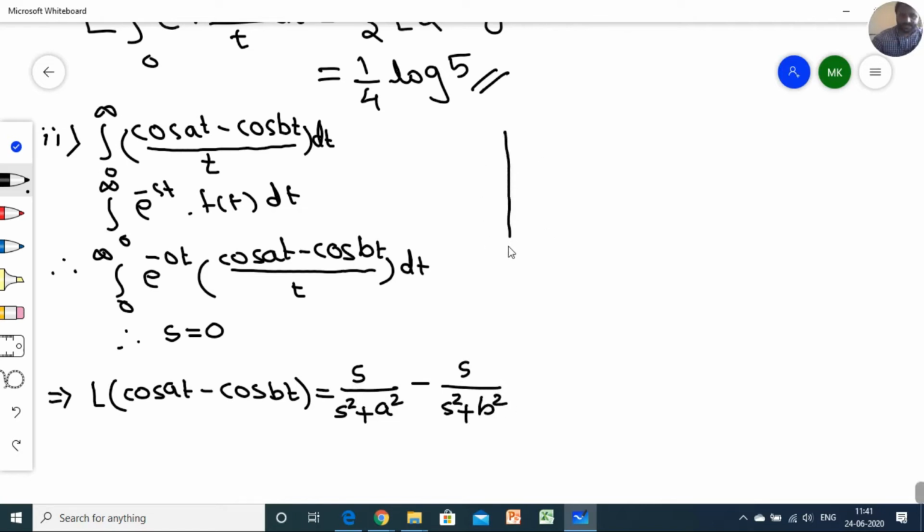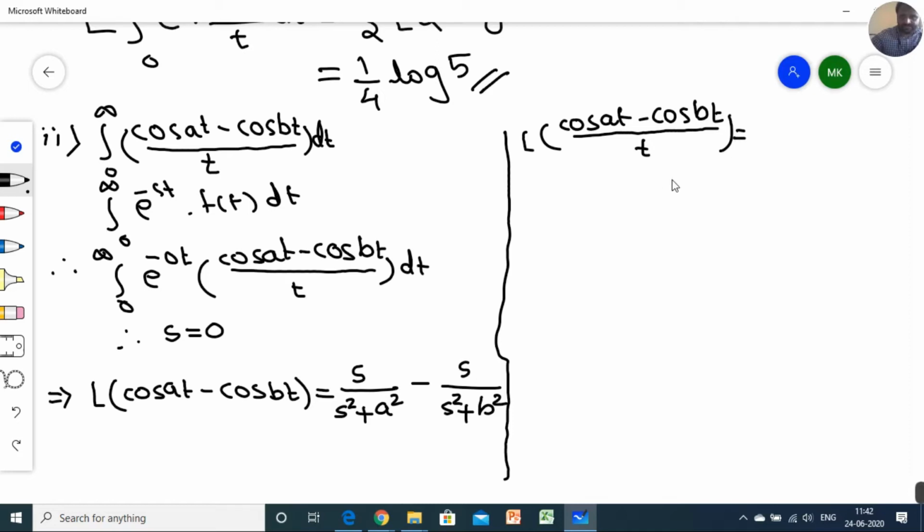So in the next step, when I have to calculate Laplace of (cos of at minus cos of bt) divided by t, we have to use the second rule again here, that is integral s to infinity f of s, means we have to put the value of what we calculated, the Laplace of cos at and minus cos bt.